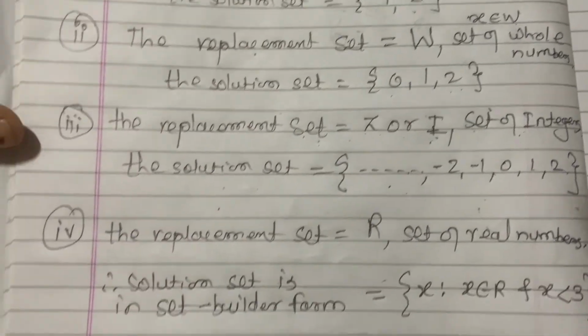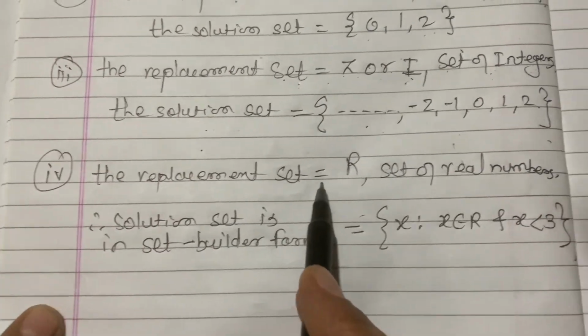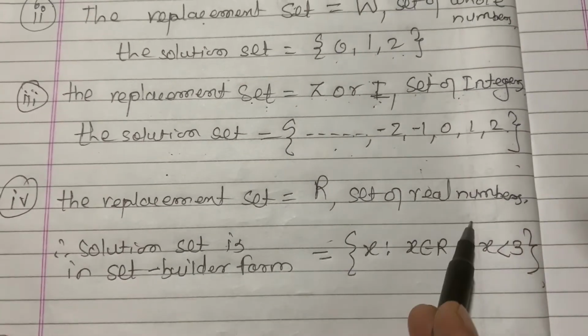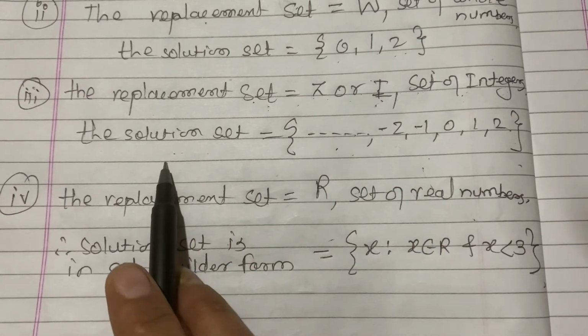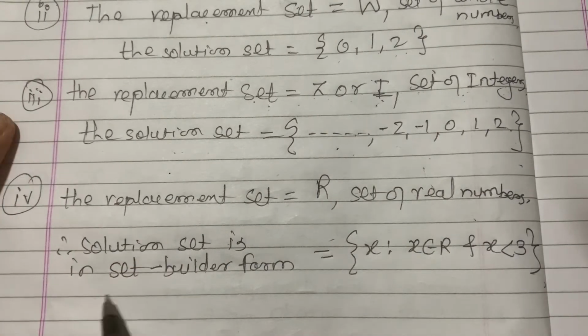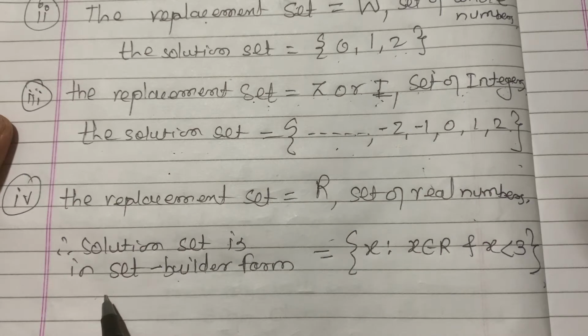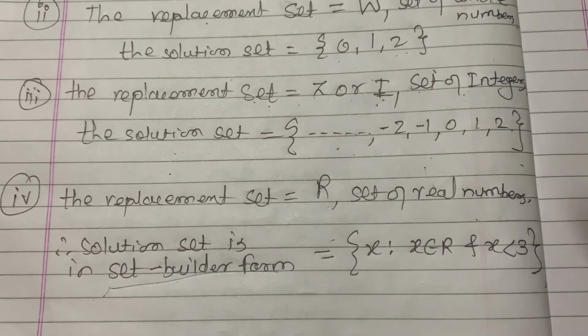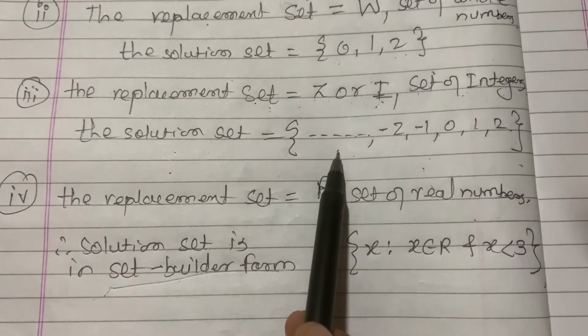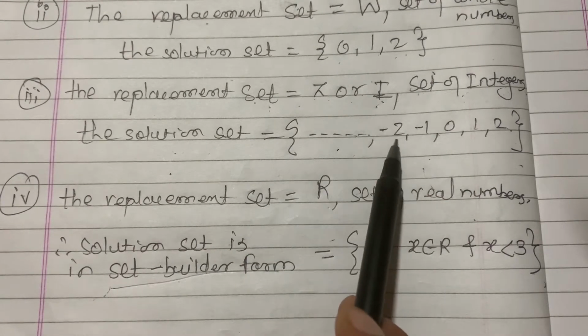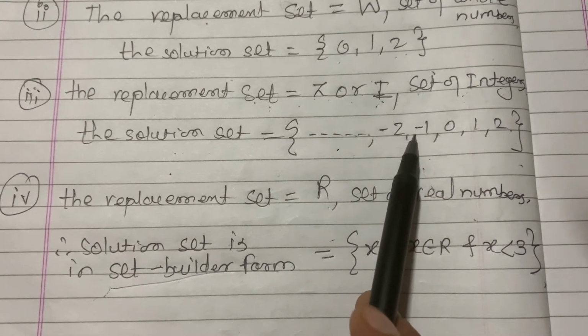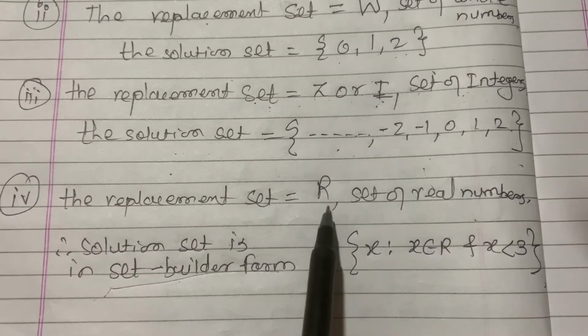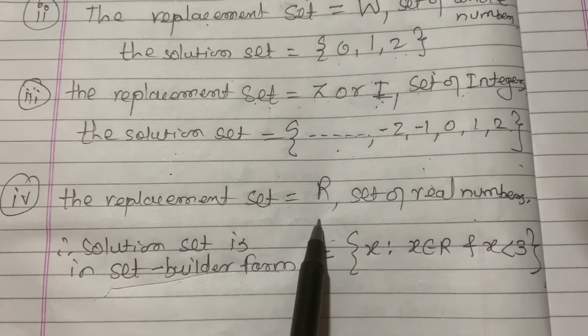Now, if the replacement set is R, the set of real numbers, then how do we represent the solution set? The solution set will be represented in set builder form, because real numbers vary from minus infinity to plus infinity, but each and every value in between, each and every fraction, is also considered in the real number set.